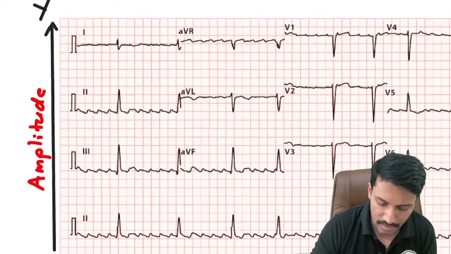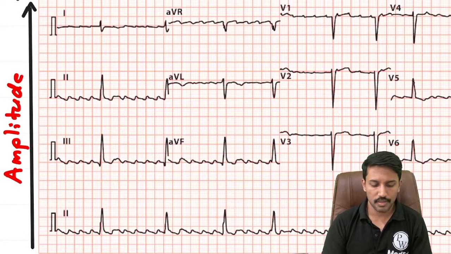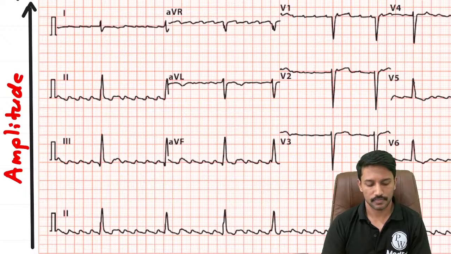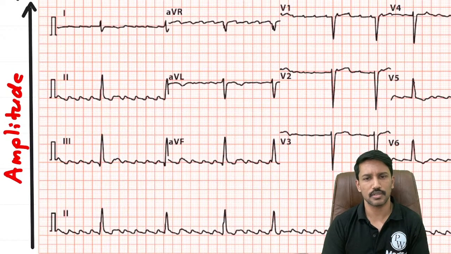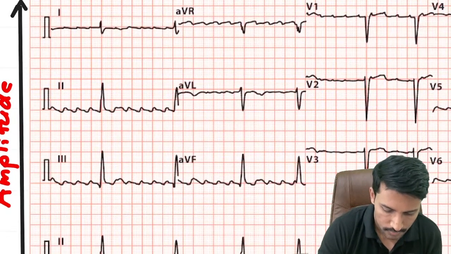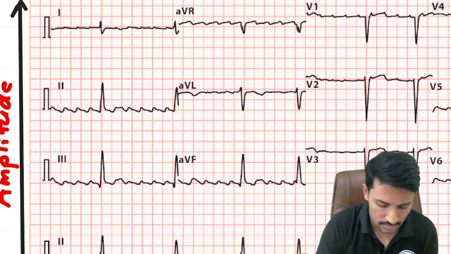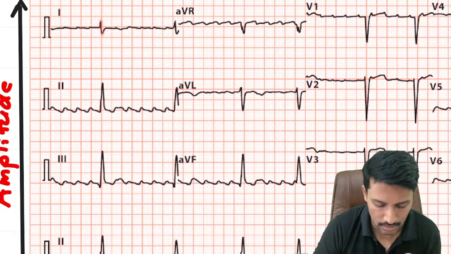So let us determine the axis in this ECG. Which lead appears to be equiphasic here? This is the image that we used in the previous class. Lead 1 appears to be equiphasic.